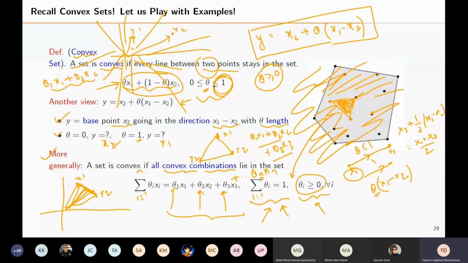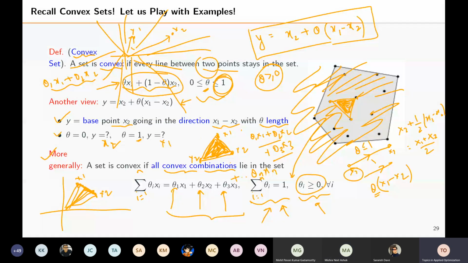Now put these restrictions on theta: the sum of the thetas is 1, and you randomly vary the thetas, making sure that theta 1 plus theta 2 plus theta 3 is 1. You will see that the points it starts generating are only in this region, and eventually it will fill all the points, and it will never go outside this.